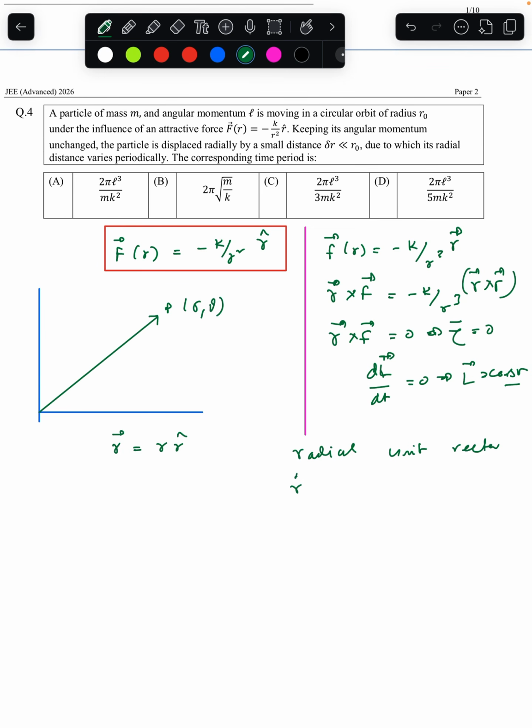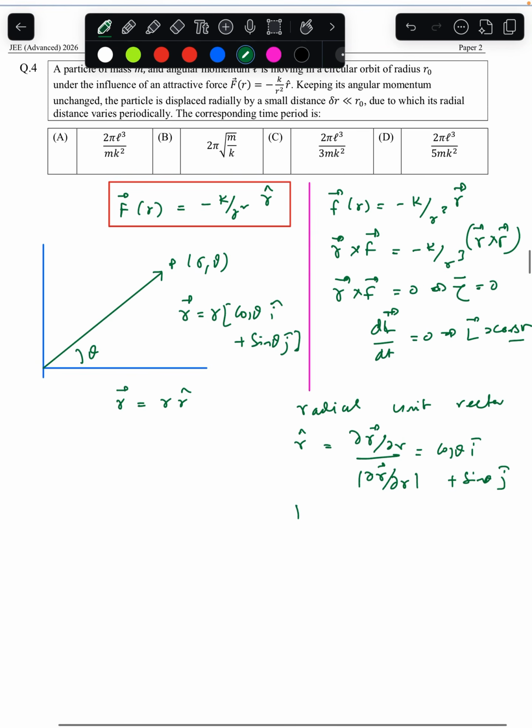Radial unit vector r cap is defined as del r vector by del r divided by the modulus of del r vector by del r. If this angle is theta, clearly r vector we can write as r of cos theta i cap plus sin theta j cap. So r cap will be cos theta i cap plus sin theta j cap.